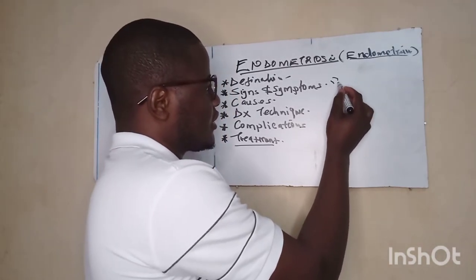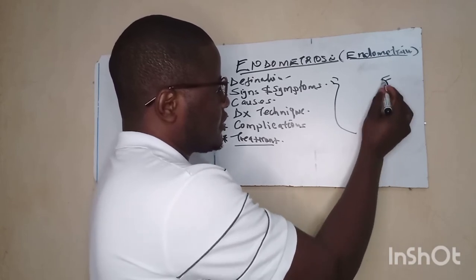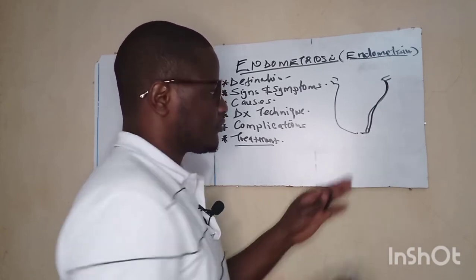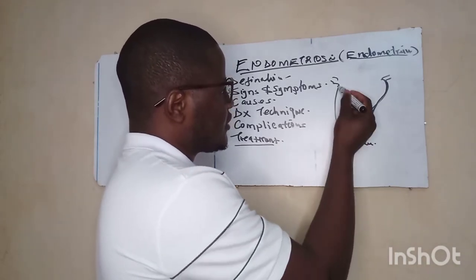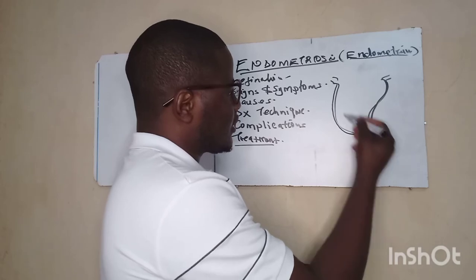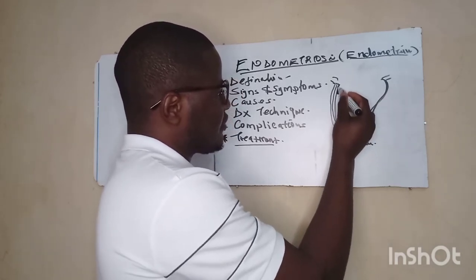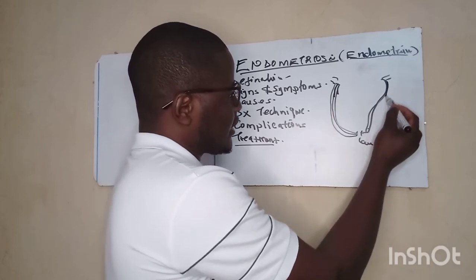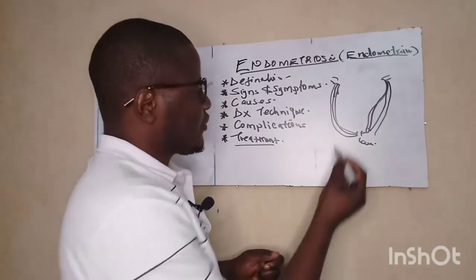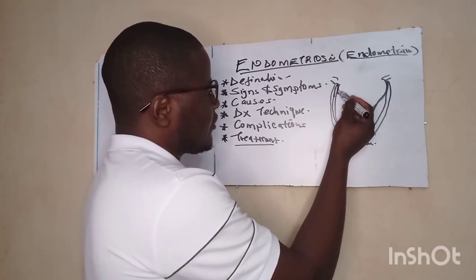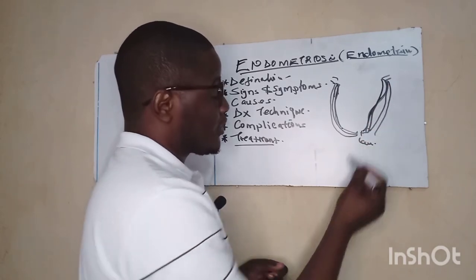So this being the uterus, and this being the cervix here. The uterus is made up of 3 layers. So this is the inner layer, we have the middle layer, and we have the outer layer. So the inside layer, this layer inside here, is the layer that we refer to as the endometrium.